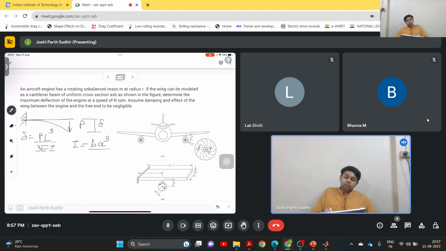In this case it will be B into A cube by 12, because the cross section is A by B. This stiffness we can write as P by delta, so we can write it down as 3EI by L cube, which is basically the stiffness K.